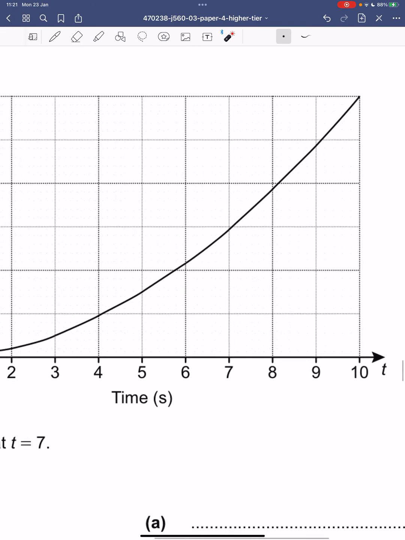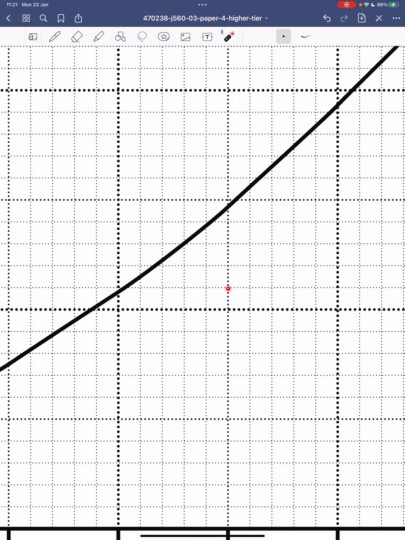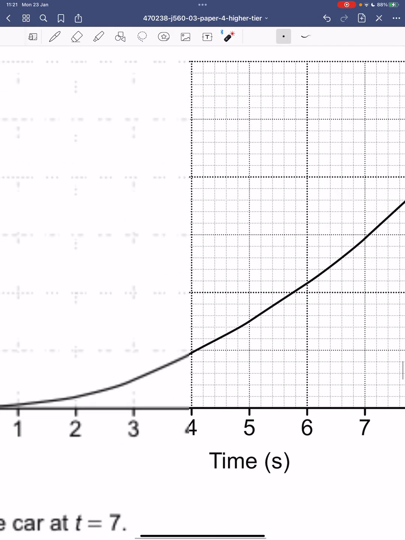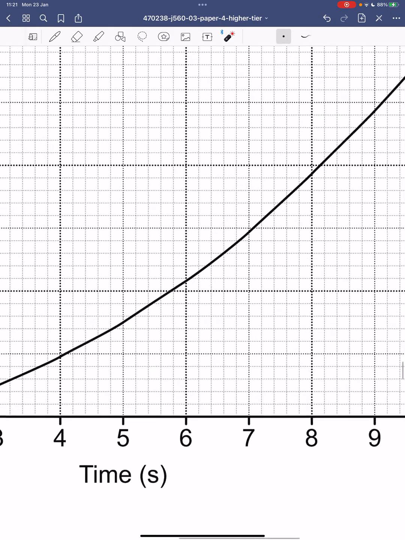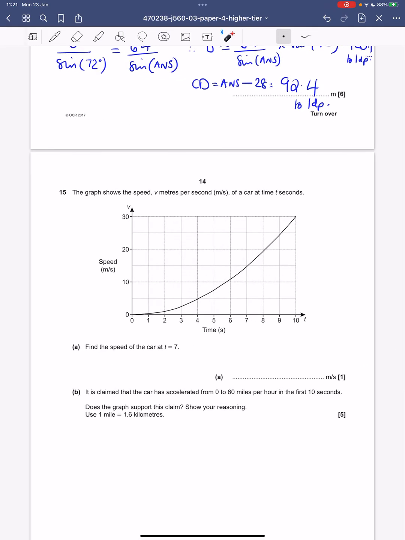I could count the dots. That's 10, 11, 12, 13, 14. It's about 14.9, let's just call it 15.